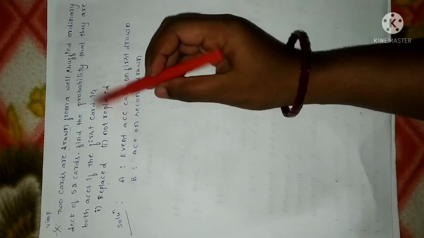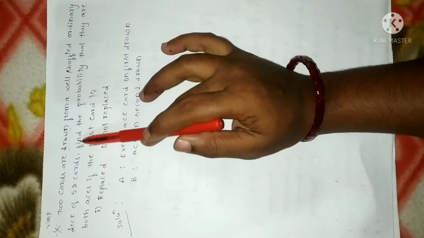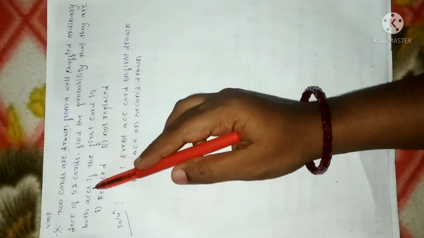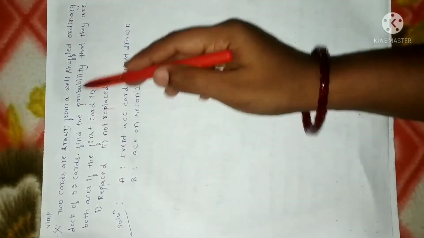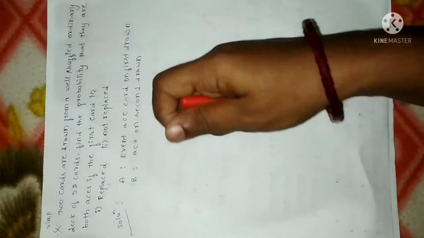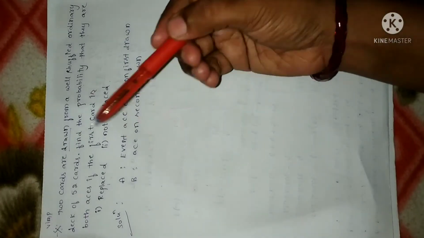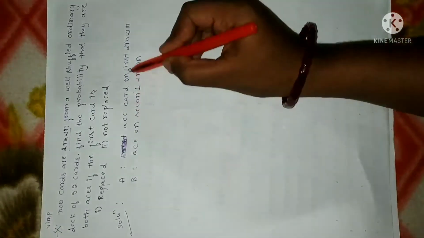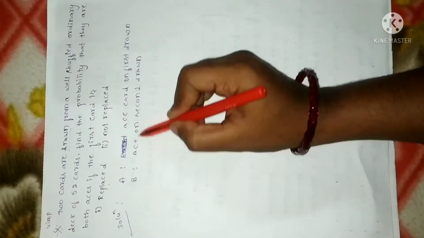See here, why? Because in both the draws of a card, when you draw 2 cards from a deck of 52 cards, both are ace cards. We have to find the probability that they are both ace cards. So whatever 2 cards you pick from the 52 cards, both cards should be ace cards. See here, event A is ace card on first draw, and event B is also ace on second draw.